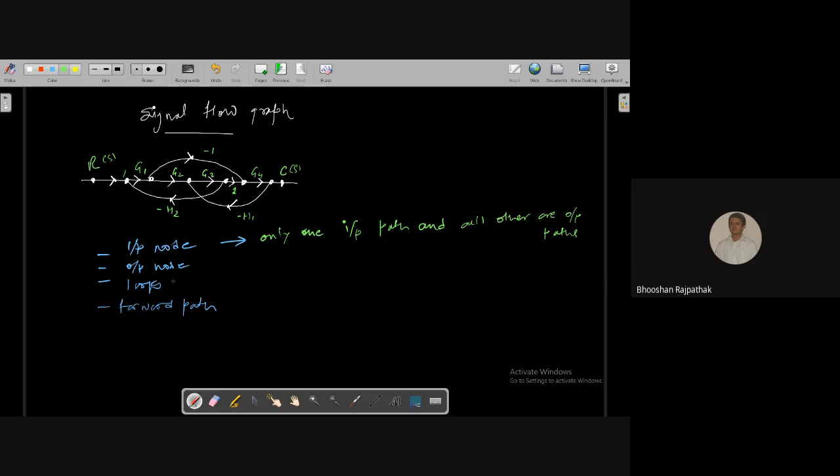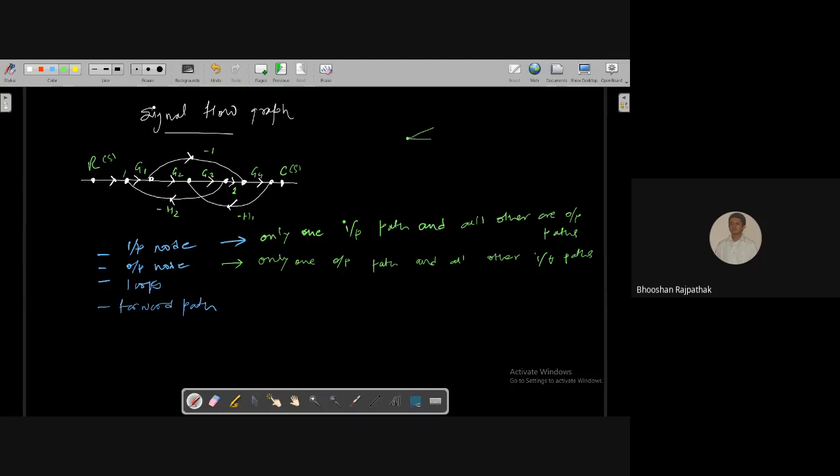And exactly opposite to this is output node. So in this example, you can see this is our input node. There is only one input path and the remaining paths will be output.